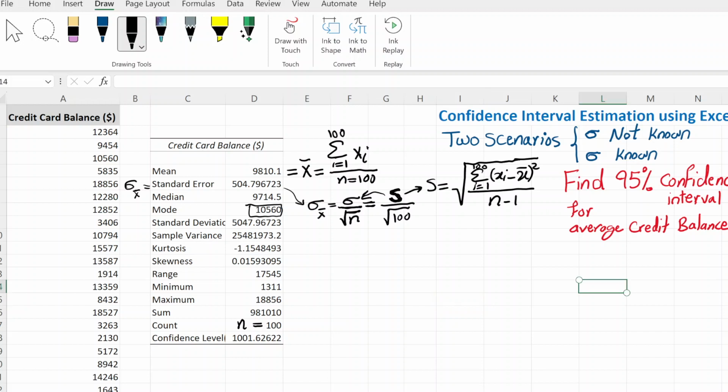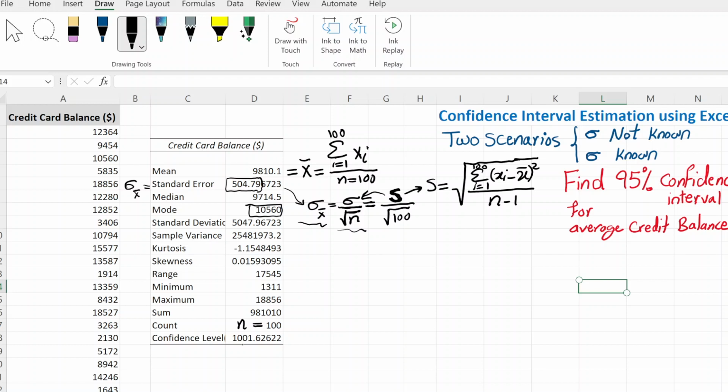So that is used by Excel to find sigma, and then by this formula to find sigma x bar, which is the standard error, or standard deviation of the sample mean, or the average credit card balance for the sample of 100 customers, which is reported now as about $505 roughly here.